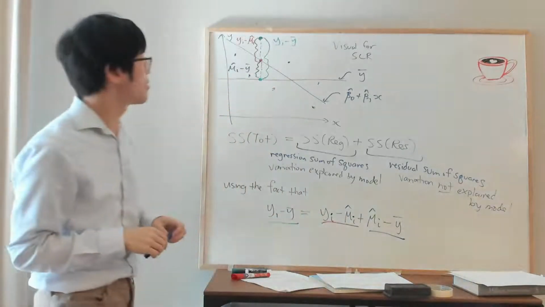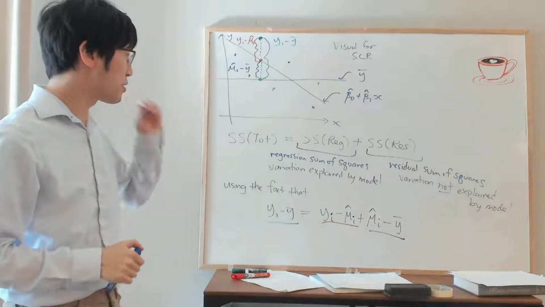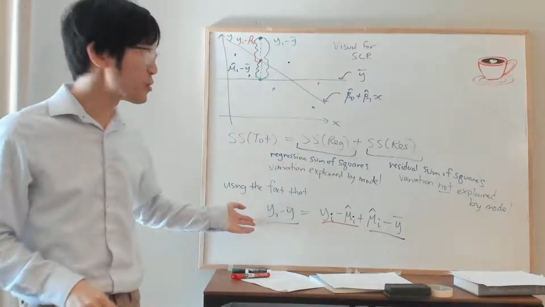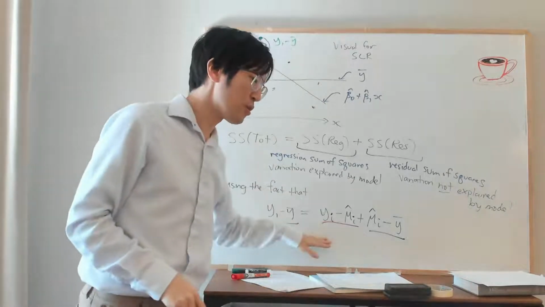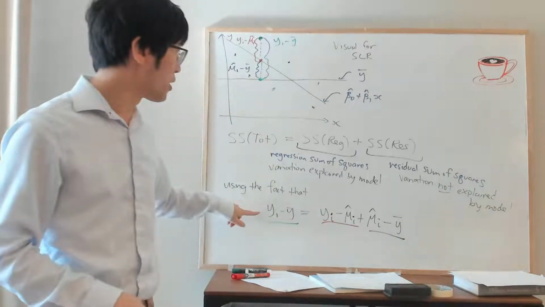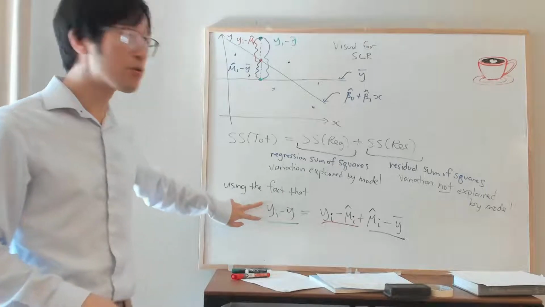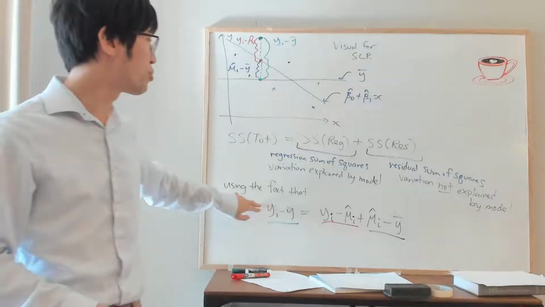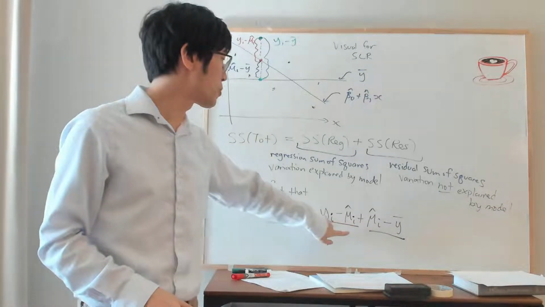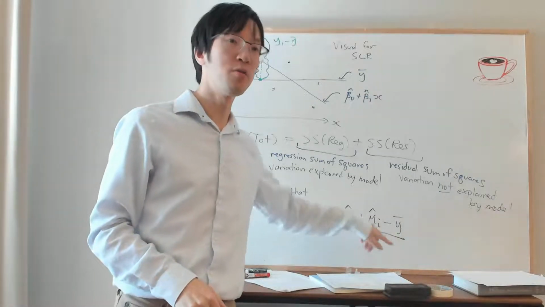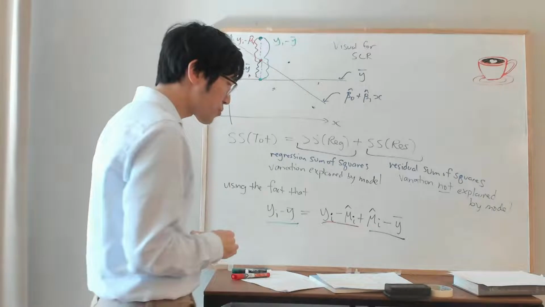So that picture illustrates these three quantities and starts to give us some intuition for why this decomposition, which we're going to look at, takes the variability in y and decomposes it into two parts: from the point to the regression line, and then from the regression line to the overall mean.